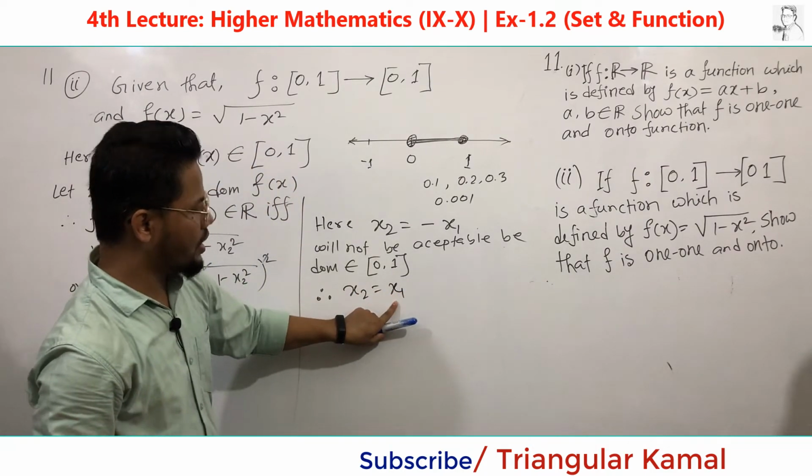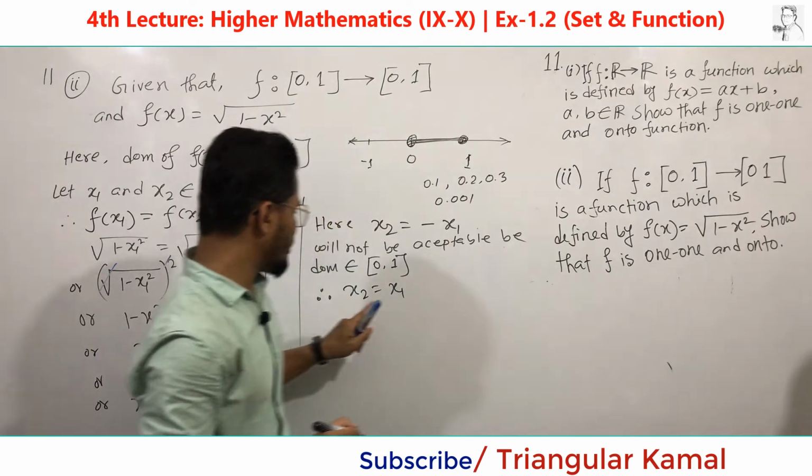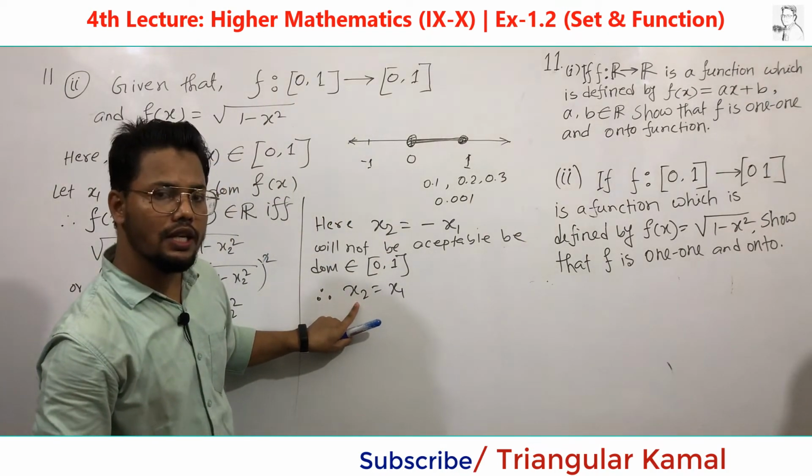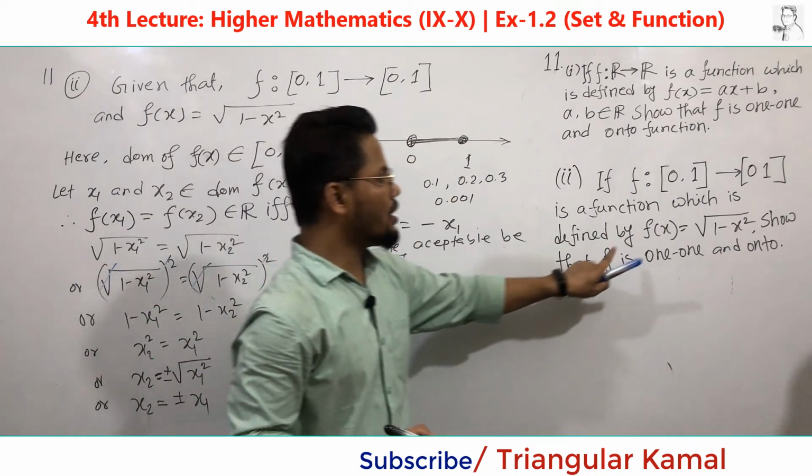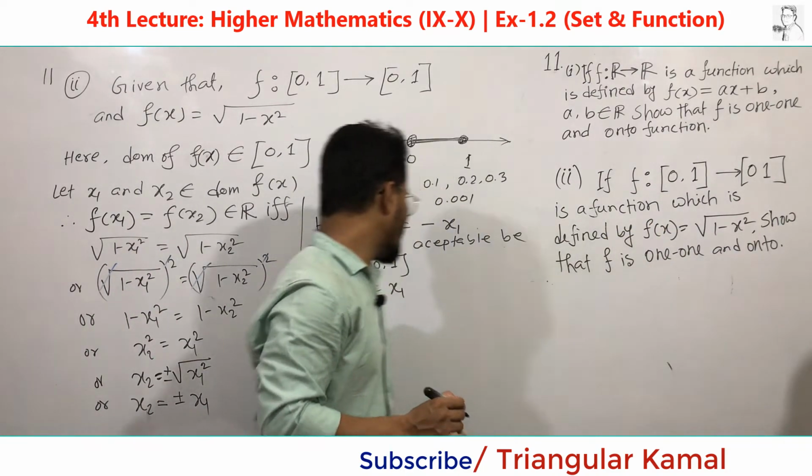Already we have said in the previous question, when finally we get x1 equal to x2, this indicates that the given function is one-one function.